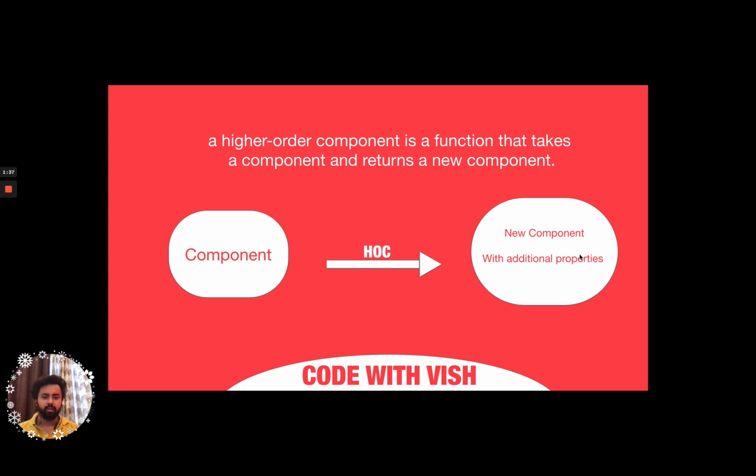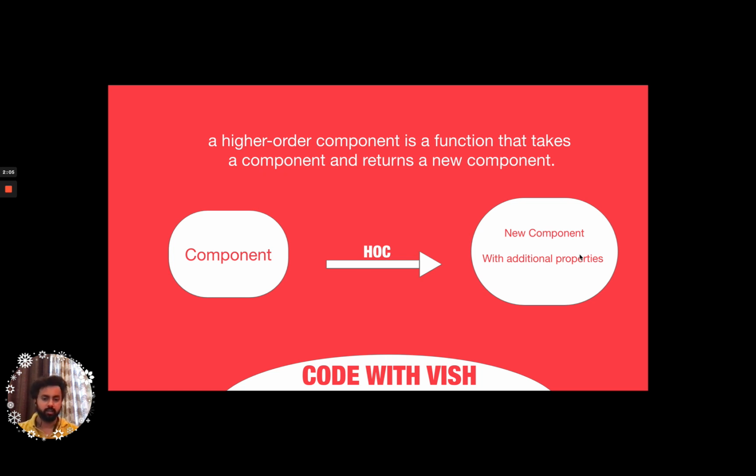Even in practical work right now you are using certain higher order components. Suppose you are using React with Redux, then there is a method called connect. What connect does is it takes your component, whatever you are exporting, connects it with the Redux reducer and the store, and returns a new component with those functionalities and properties.